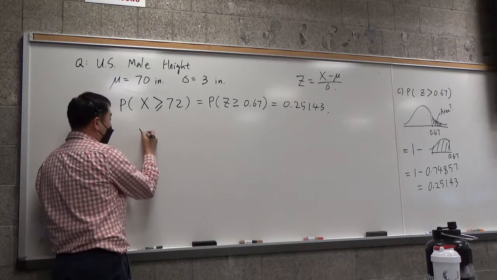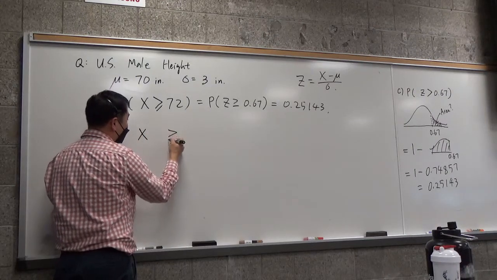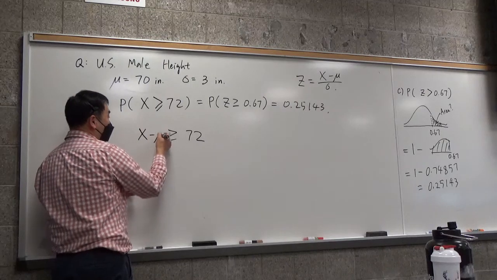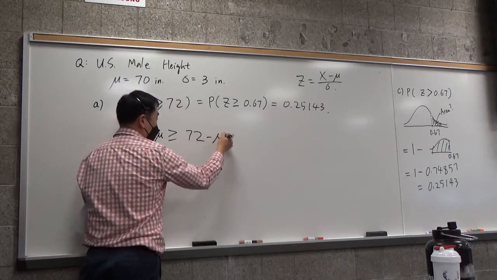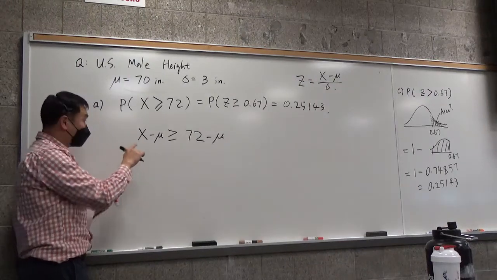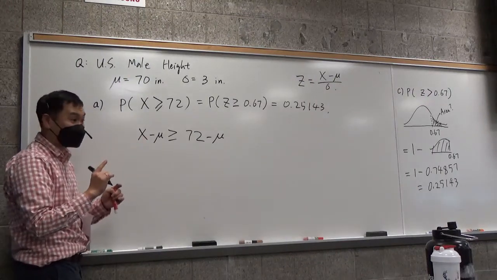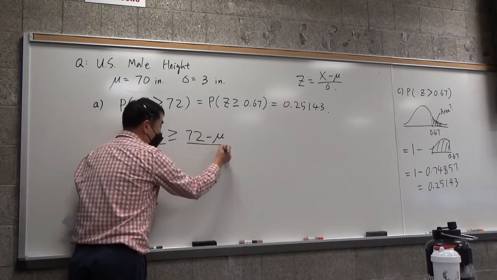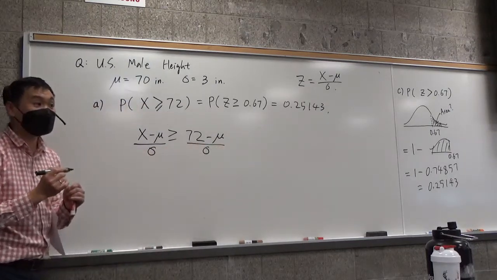So let me try this. What I can do is take x. First, I can subtract mu from both sides, and the inequality is still the same, right? Now I can divide by any positive number, and the inequality is still the same. Do you agree?